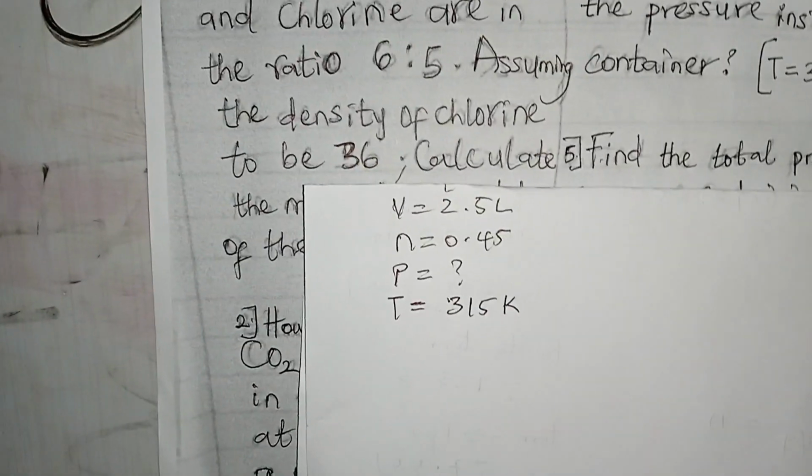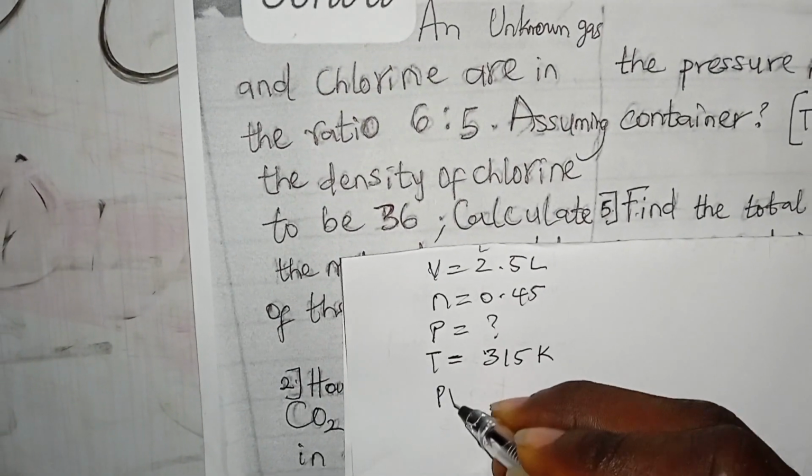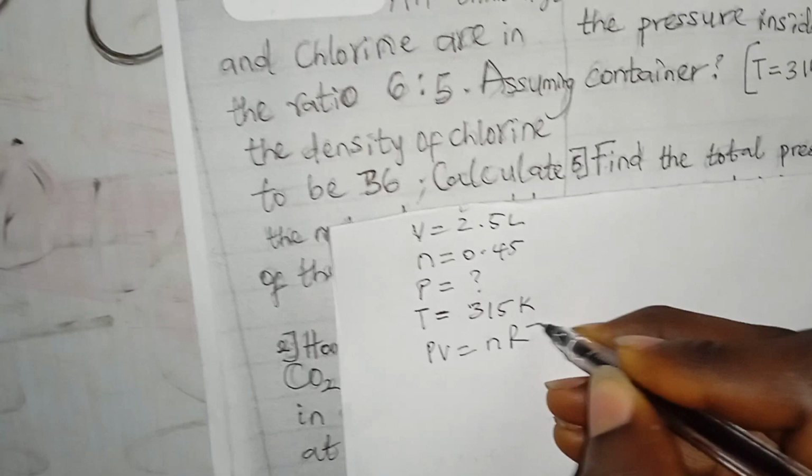So making use of what we have, we now see that this is the same thing as PV equals nRT.